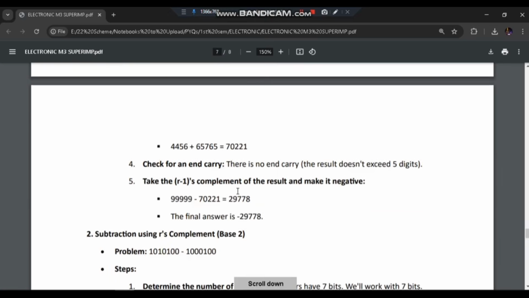If you add it, you'll get a number. Now this number also has 5 digits, so there is no end carry. That means we have to subtract this from 99999 and make the answer negative, same as the 9's complement here also. R minus 1, if it's base 10, is the 9's complement method only.